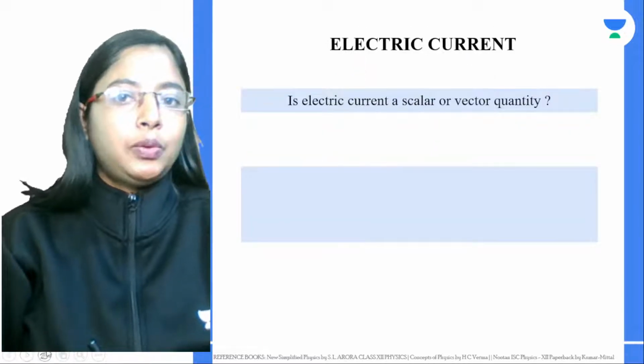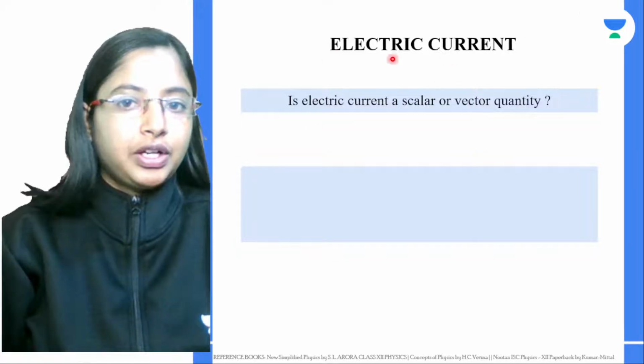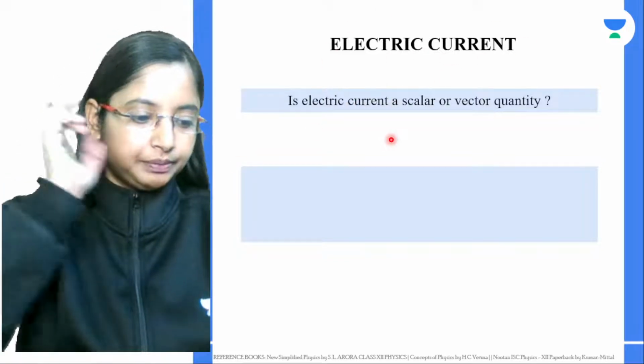All right. Now, what quantity is electric current? Is it a scalar quantity or a vector quantity?